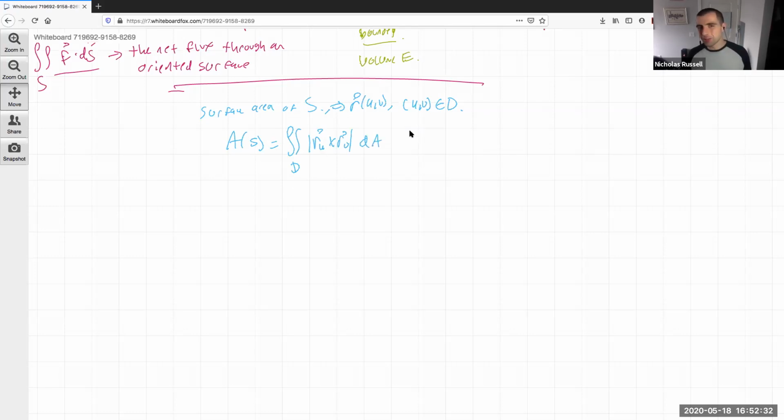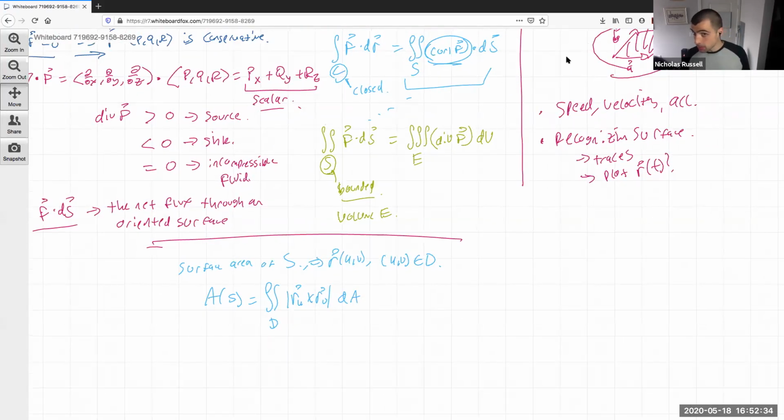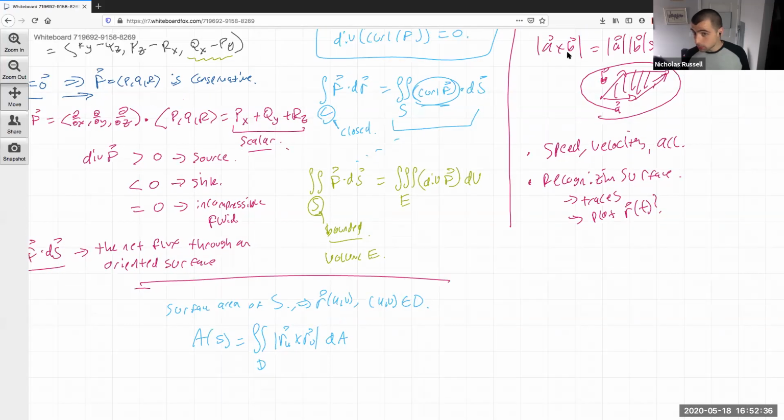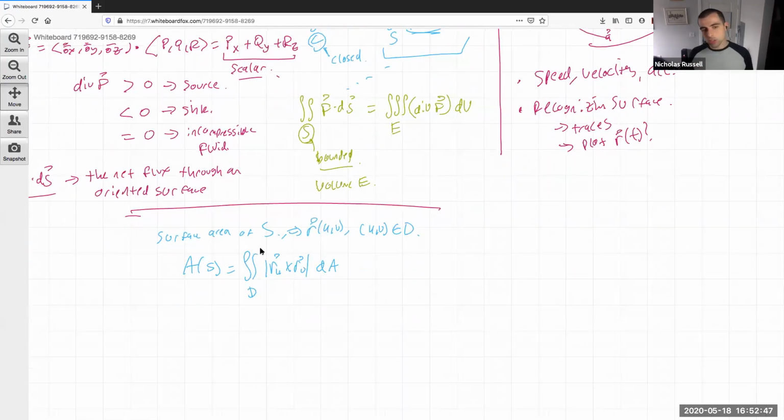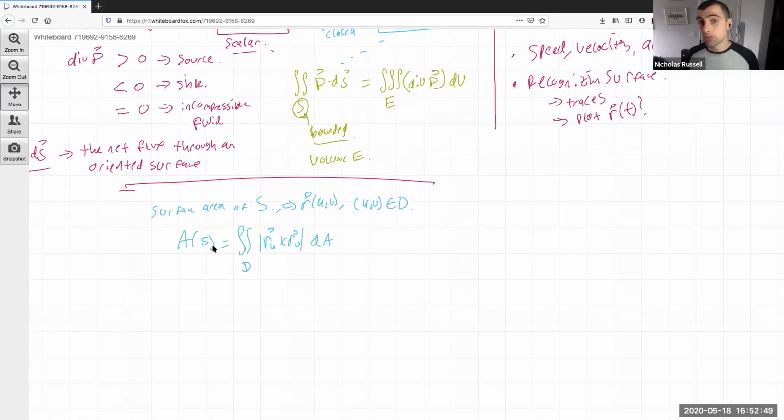Harkening back to what we just talked about, the magnitude of A cross B gives me the area of a parallelogram, and this gives me another area of a parallelogram. It's just adding all the little parallelograms in the entire surface. So if you're asked to solve for the surface area of something, all you do is compute the magnitude of RU cross RV.